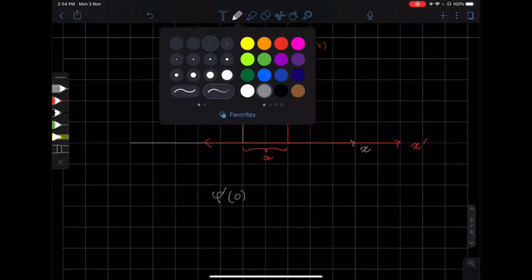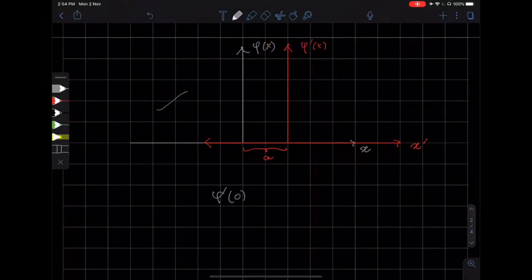Suppose we take the argument of phi prime to be 0. Before we do this, we have to specify what our old field is. Suppose this is our old field. Then phi prime at the origin is equal to phi at a.